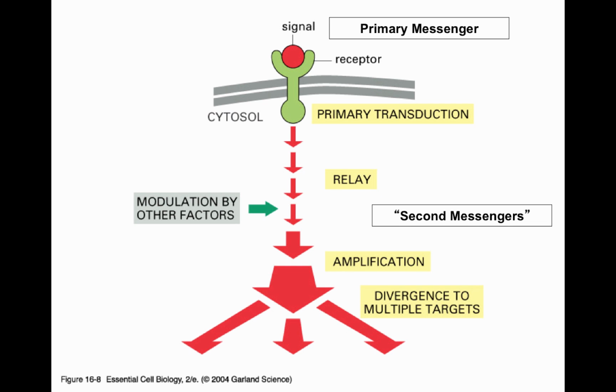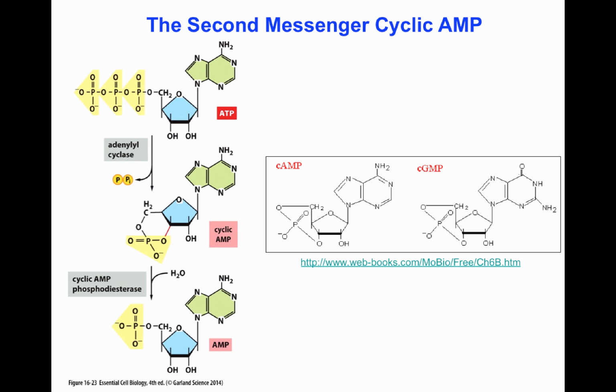At the end, the downstream effects resulting from the activation of those secondary messengers can have very different functions. It can affect metabolism, it can affect gene expression, and it can affect cytoskeletal proteins, therefore changing motility and shape. So we're going to take a quick look into that in a little bit more detail.